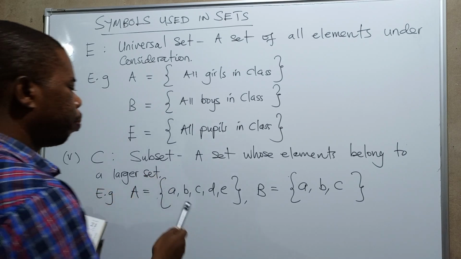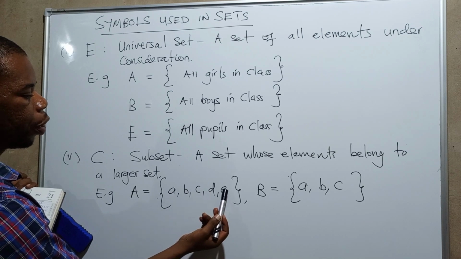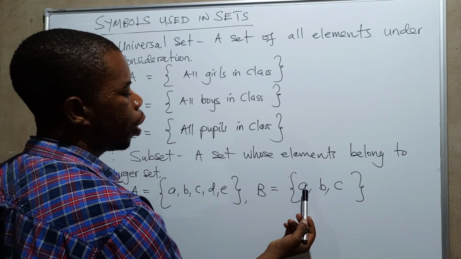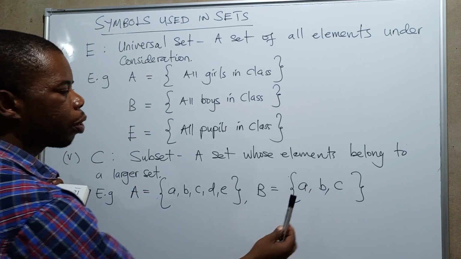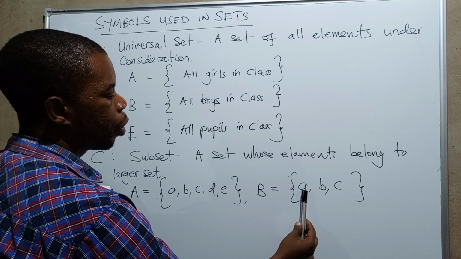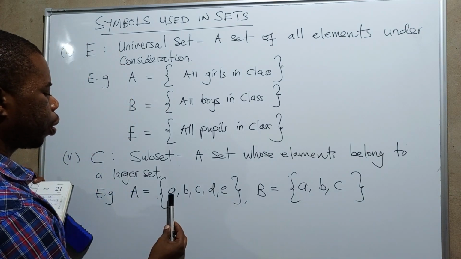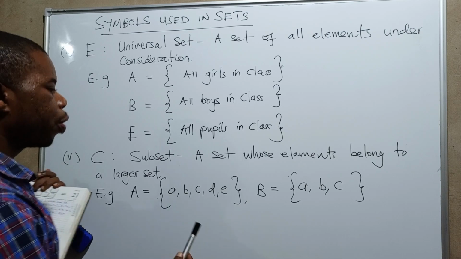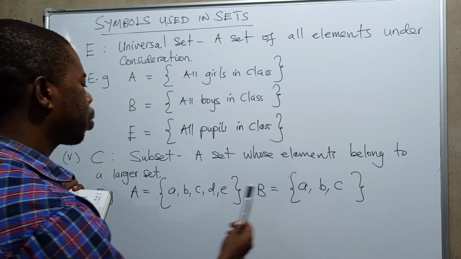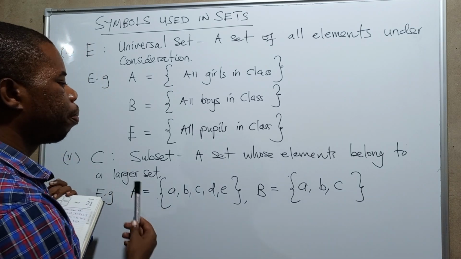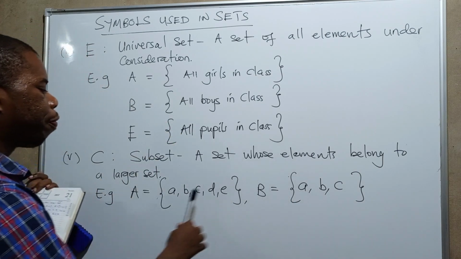When you look at set A, it has elements A, B, C, D, E. Set B has these elements A, B, and C. Now, the elements which are in set B are also in set A. So in such a case, we can say set B is a subset of set A. In other words, set B is a part of set A.